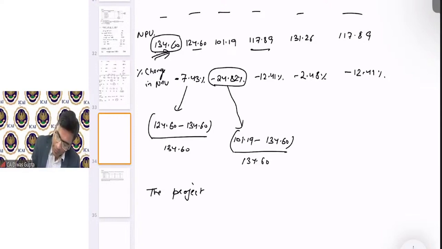The project is most sensitive to selling price per unit.